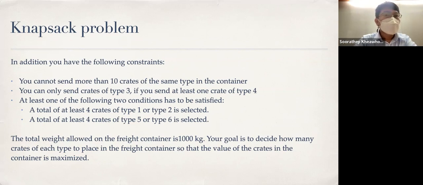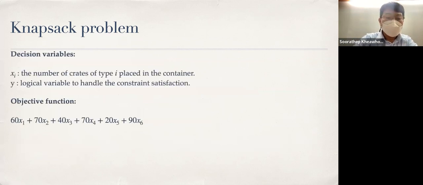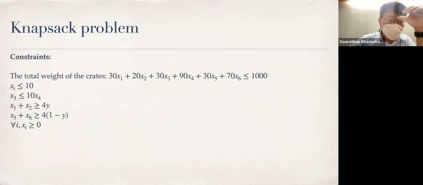No matter how many x3 you send, less than 10 of course, you need 1 of x4. That means x3 can be greater than x4. So if we write x3 less than x4 without the 10, x3 cannot be greater than x4.